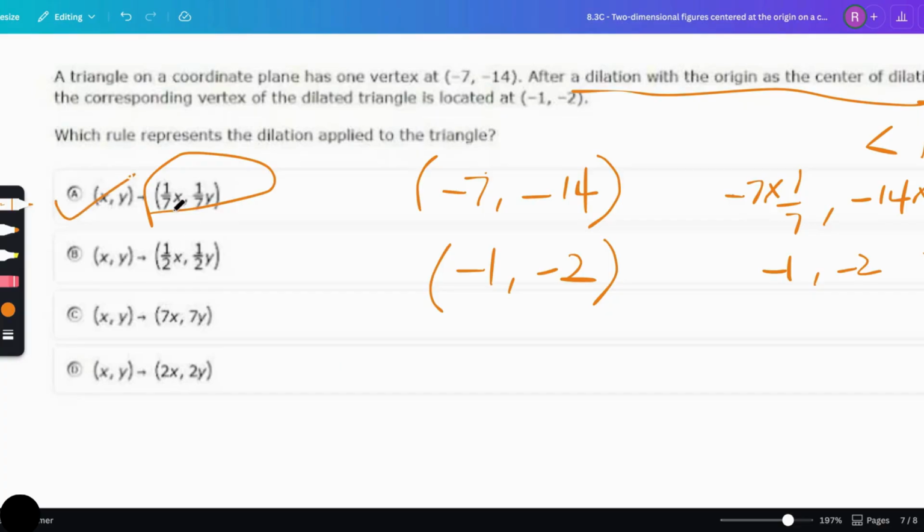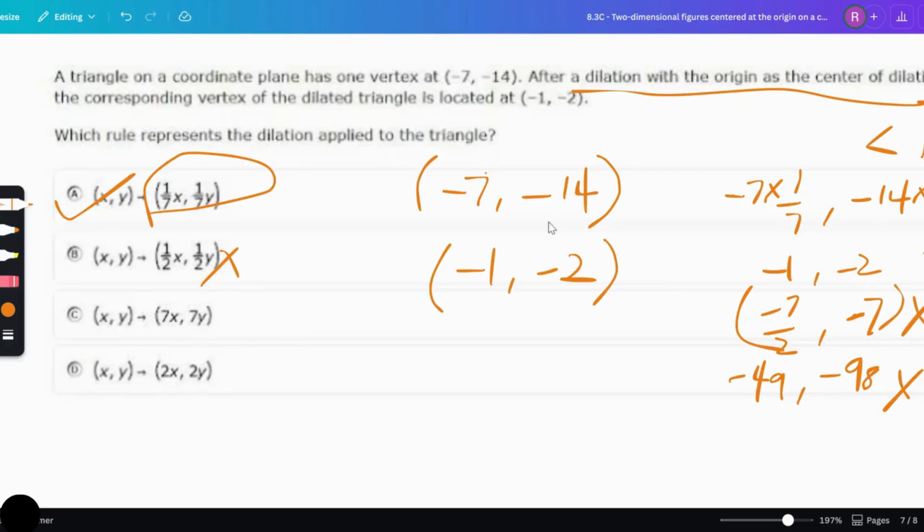But for us to be sure, let's try the others. Let's multiply by half. If you multiply 7 by half, you will get -7/2, and this cannot be the answer. If you dilate by 7, 7 times -7 gives -49, comma 14 times -7 will be -98, and this is wrong.